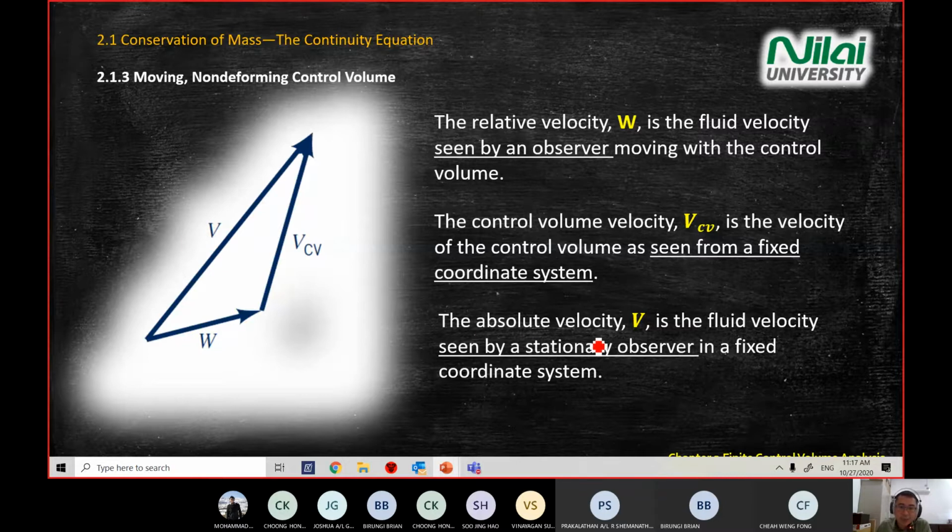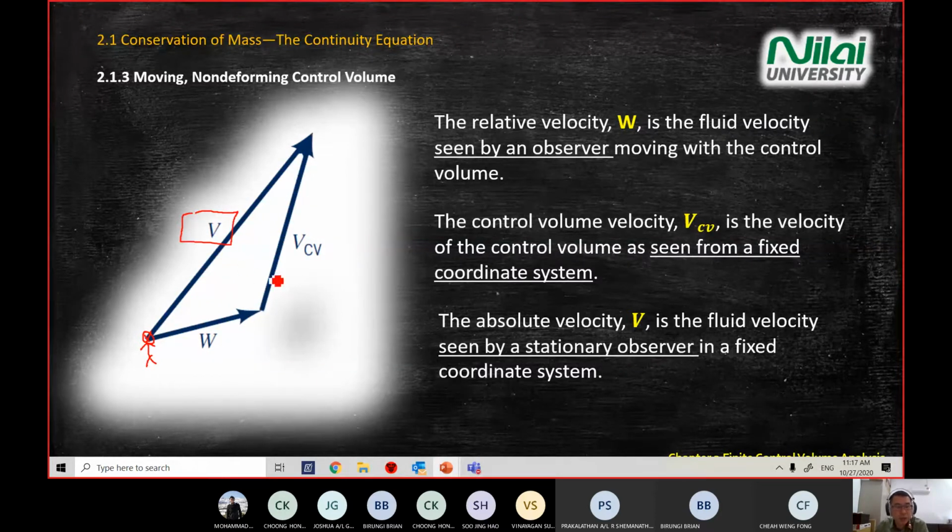V is an absolute velocity. Let's say this is you, standing here. You see a particle or something fly in this direction. So this V is what you see with your eye, V from a stationary observer at a fixed coordinate. This is the normal velocity that you see.